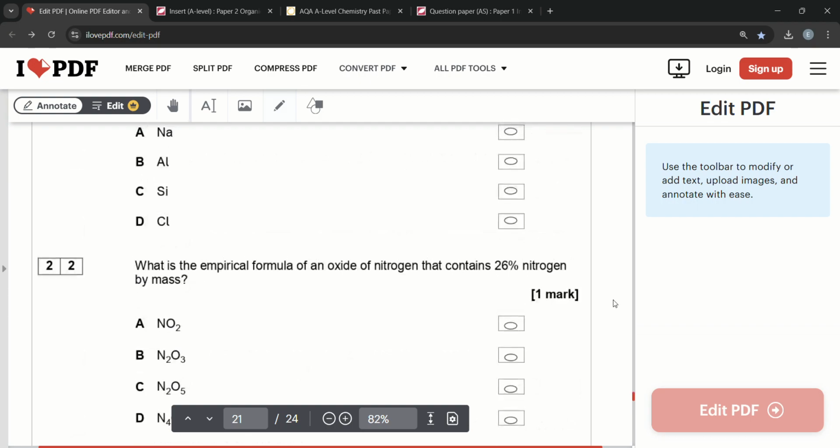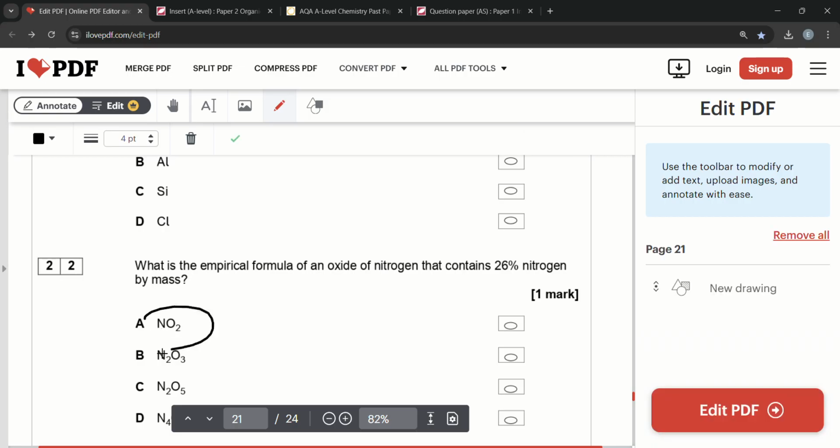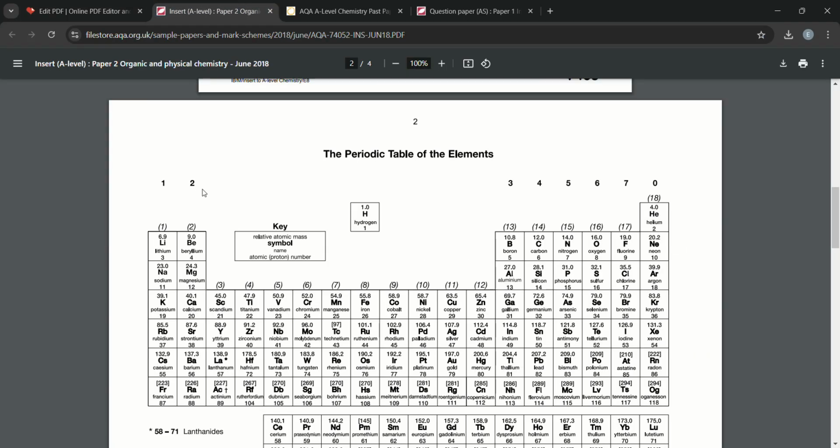What is the empirical formula of an oxide of nitrogen that contains 26% nitrogen by mass? Okay, so 26% nitrogen by mass. If you look at this case, the Mrs, nitrogen and oxygen.